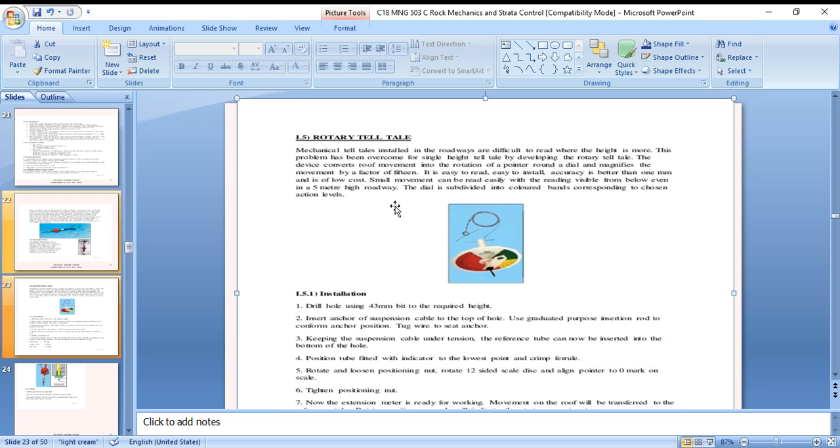The device converts the roof movement into rotation of the pointer rod and dial and magnifies the movement faster. It is easy to read, easy to install, with better accuracy. Small movement can be read easily, with the reading visible from below even in a 5 meter high roadway. The dial is subdivided into colored bands corresponding to chosen action levels.